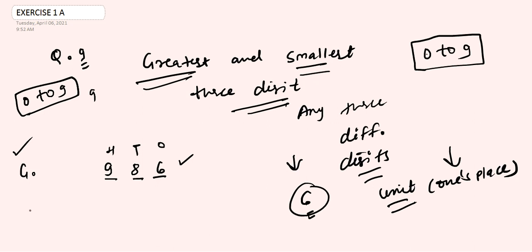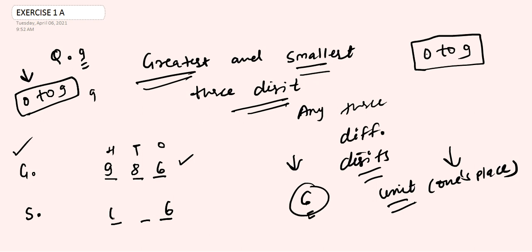Okay. Now the smallest 3-digit number, again the same: ones, tens and 100. In the ones place we have to write 6 because that is given in the question. Now for the smallest we have to use 0 to 9. And in the last video I told you clearly that a number cannot begin with 0.